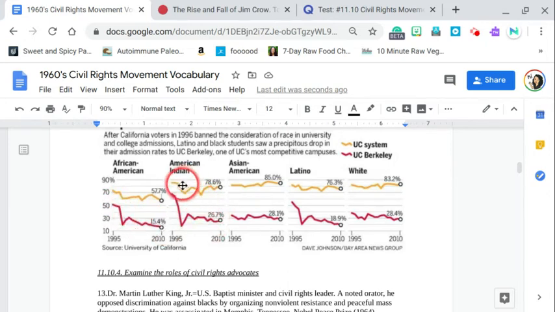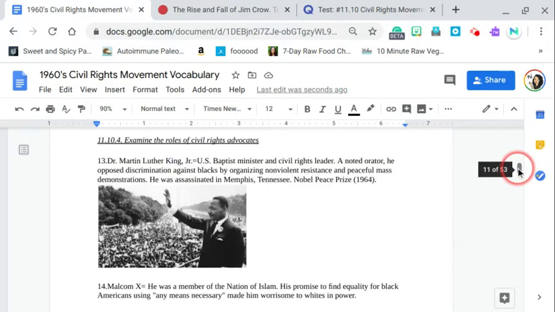And American Indians, look how much it dropped because you don't have the affirmative action. But for Asians and whites, it hardly moved. For African Americans, American Indians, and Latinos, the proposition greatly affected these populations. And if you go to the UC system in Berkeley, you mostly see whites and Asians, because there's no push to accept people of color.